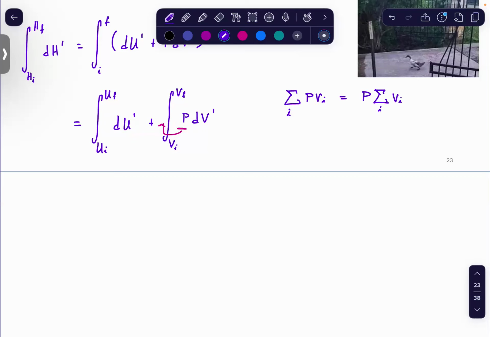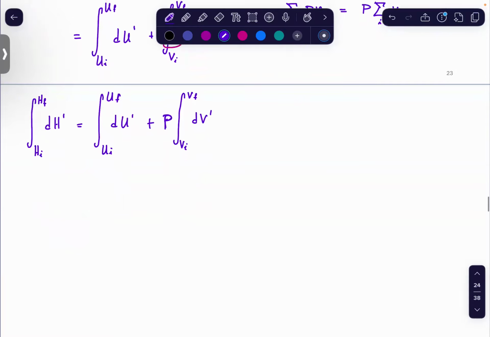So the constant just pulls out of the integral.